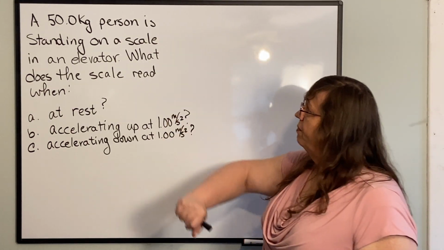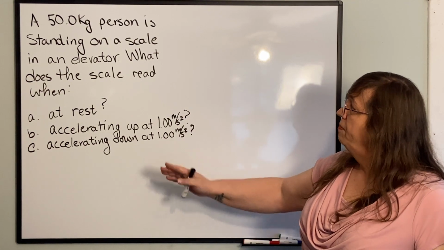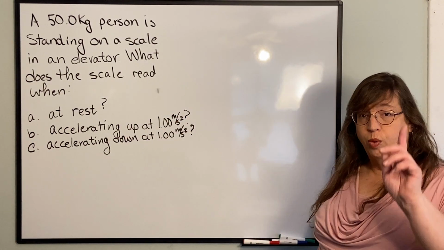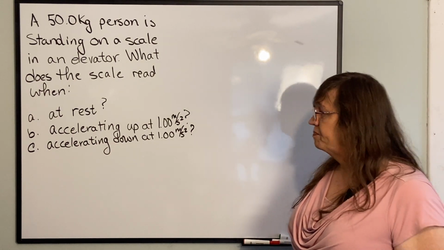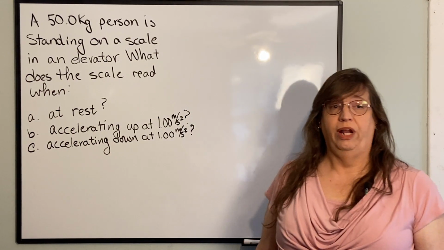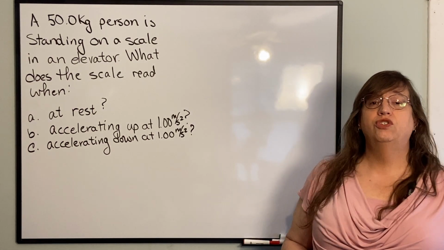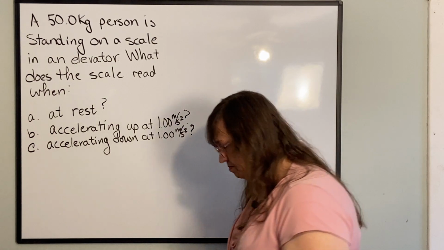So we've got a 50 kilogram person standing on the scale. What does the scale read when they're at rest, when they're accelerating upward at 1 meter per second squared, and when they accelerate downward at 1 meter per second squared? So the first thing we're going to do is actually draw our free body diagram.